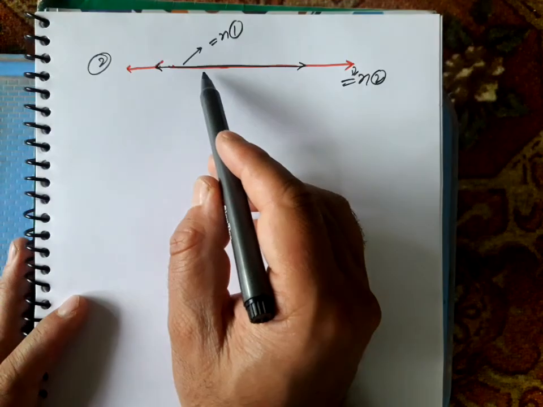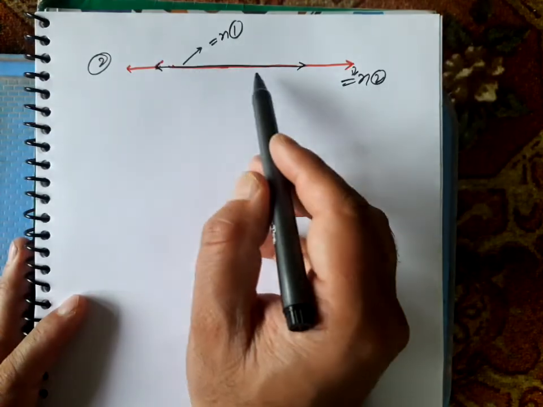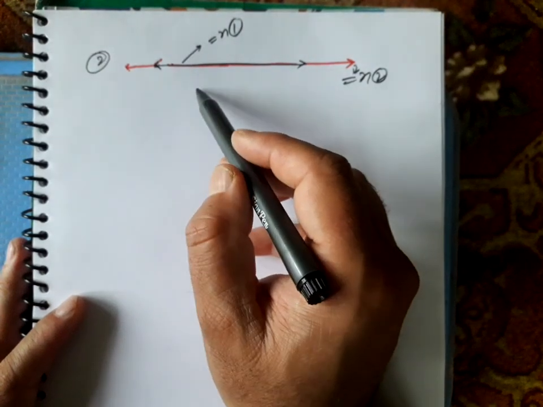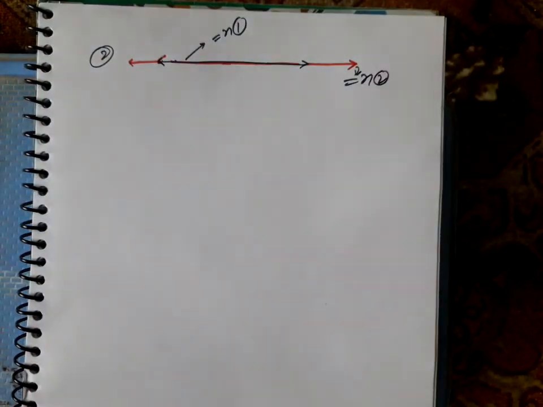So every point, it has an infinite number of points on it, so we can say that the two lines have an infinite number of common points.